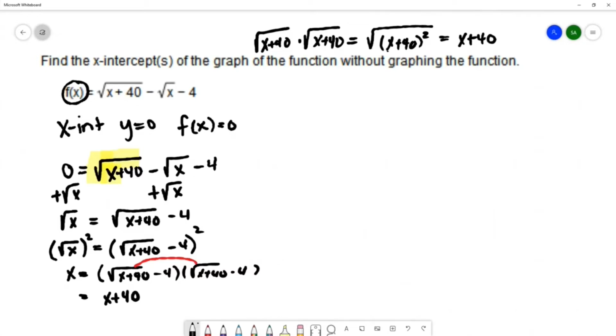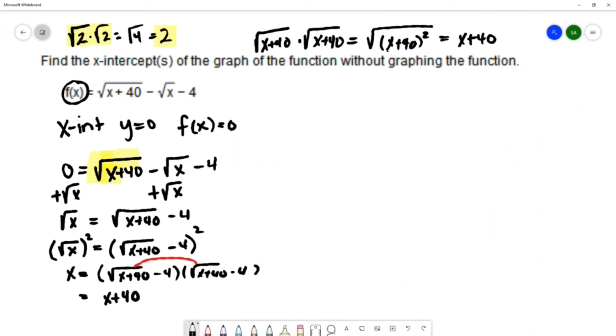It's a little bit messy with the variables, but you can see it very clearly with numbers. Square root of 2 times square root of 2 is square root of 4, and that's 2. So when you multiply radicals that are the same together, it works out to be what's underneath the radical.